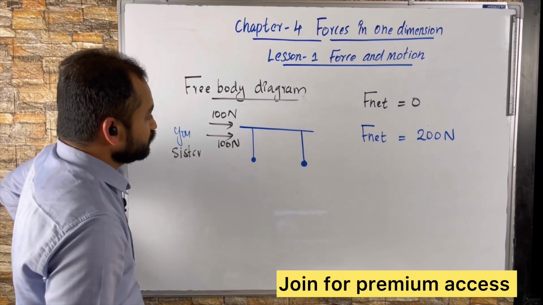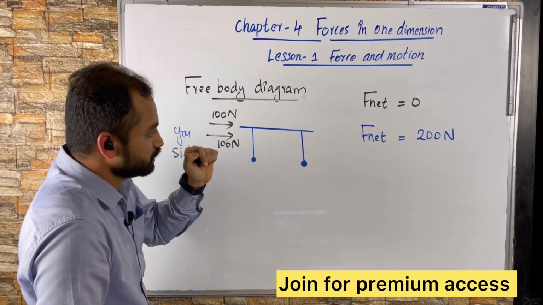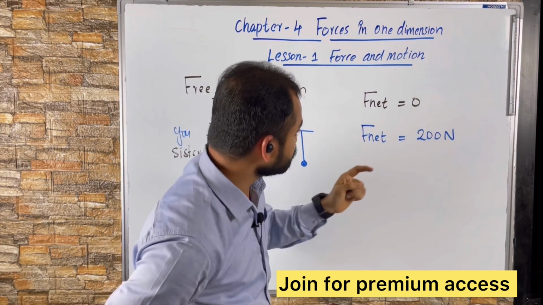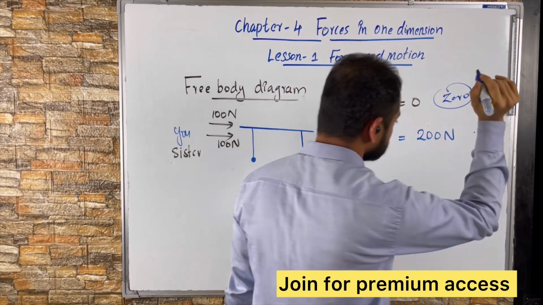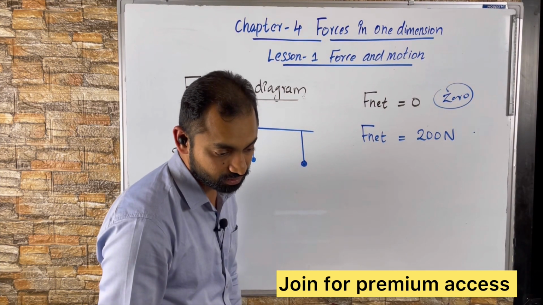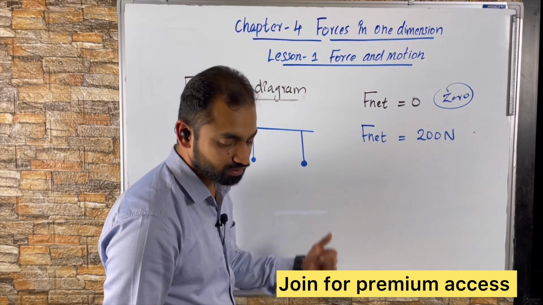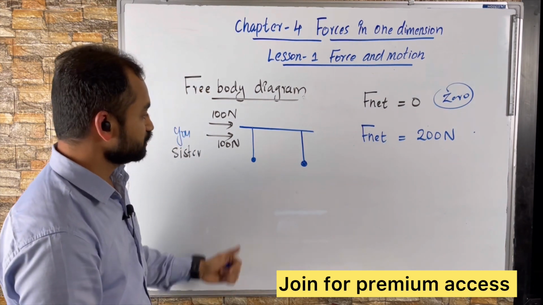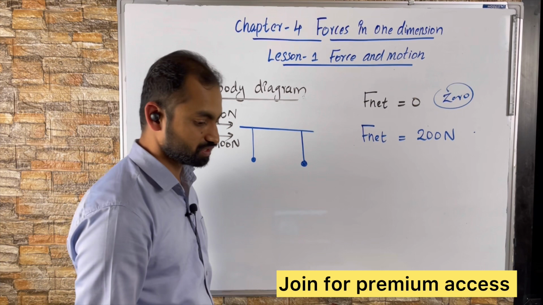In the previous situation you were also applying 100 Newton and your sister 100 Newton, and the net force was 0. Here the net force is 200. Why? Same direction, very good. The first one was in the opposite direction.